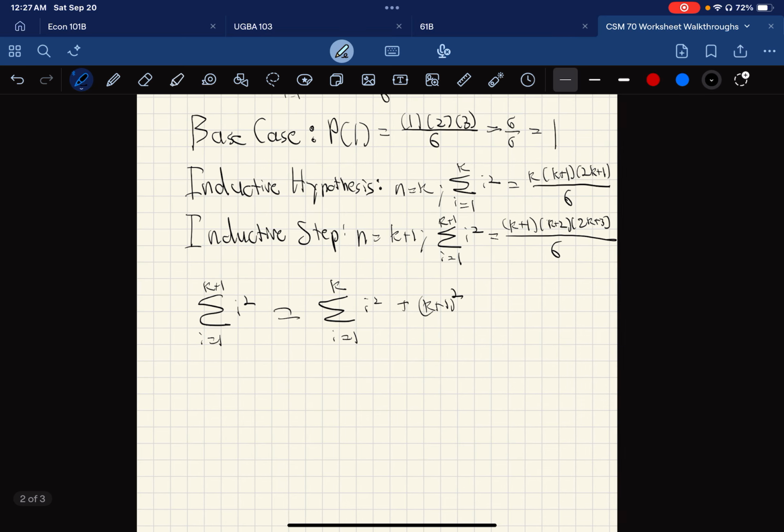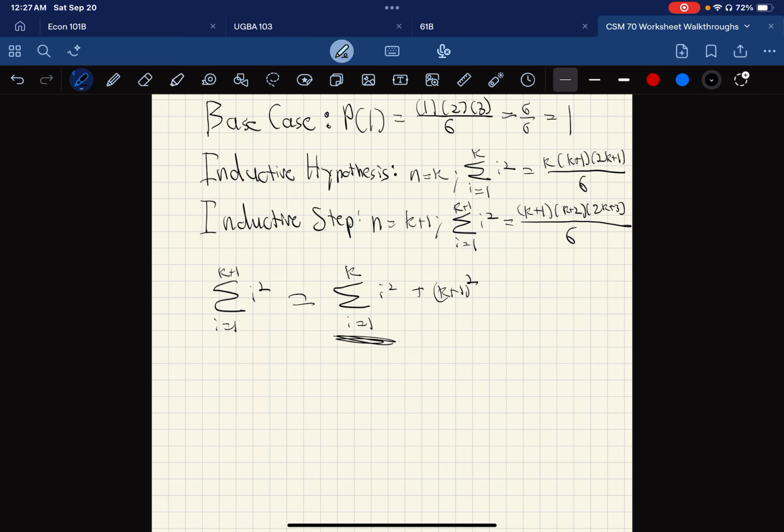What's nice about this is that we know the first part holds true by our inductive hypothesis, and now we can use that.